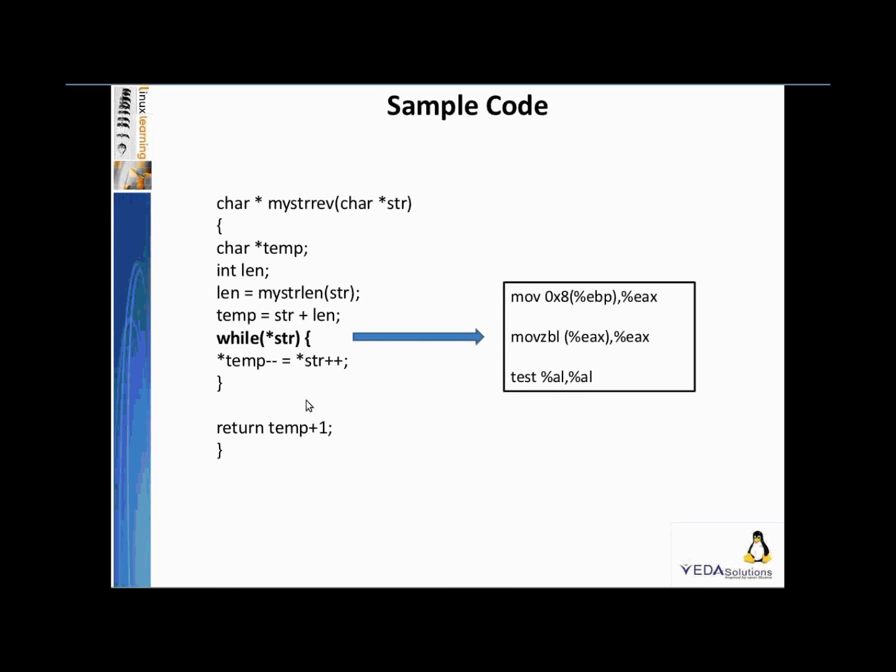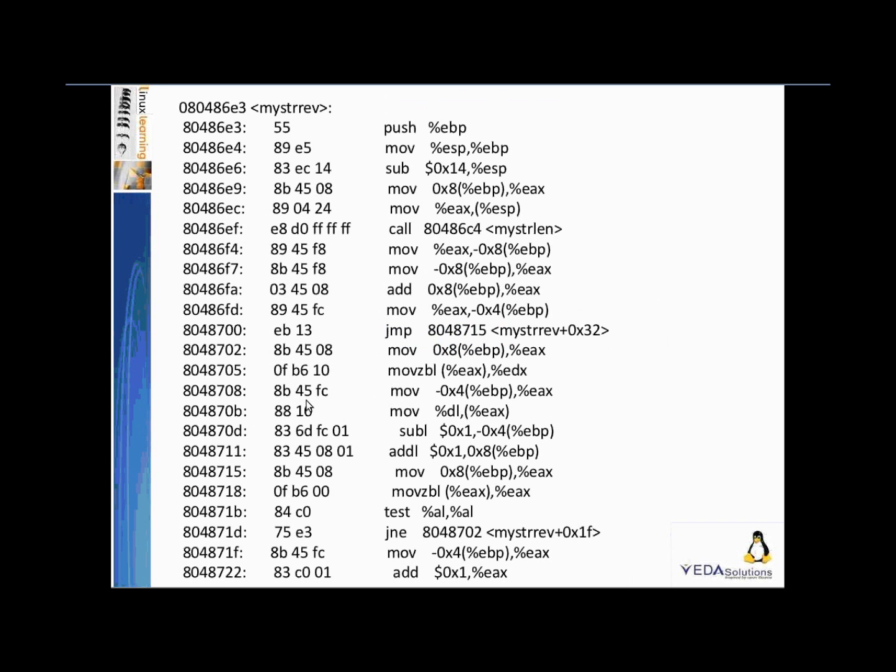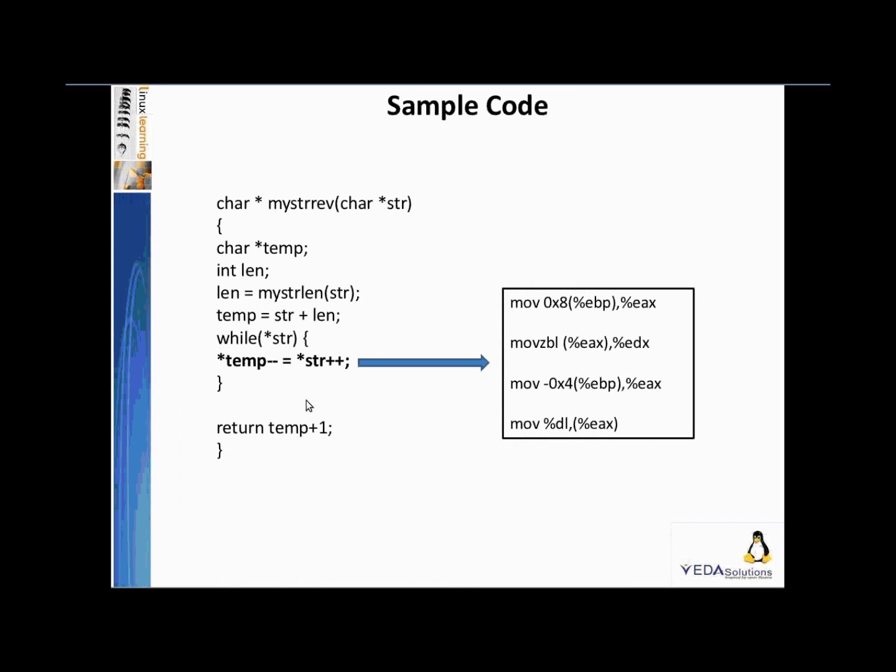Let's try and take a look at the loop body source instruction. The loop body source instruction is to move that particular string stored in the string pointer into temp, and this again has 4 instructions at the binary level. The first instruction is about moving that particular string into EAX accumulator.